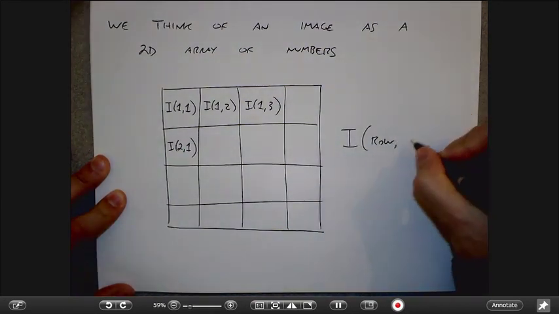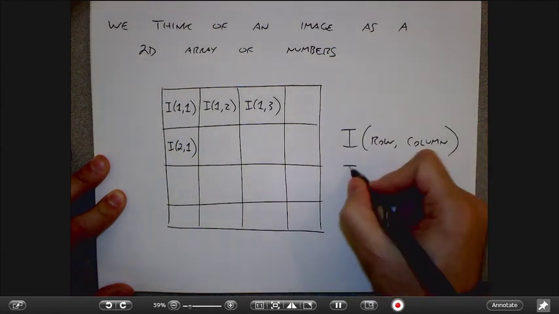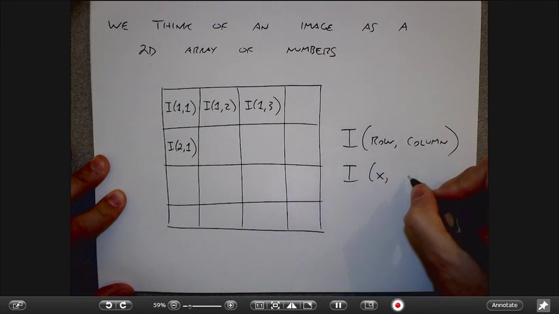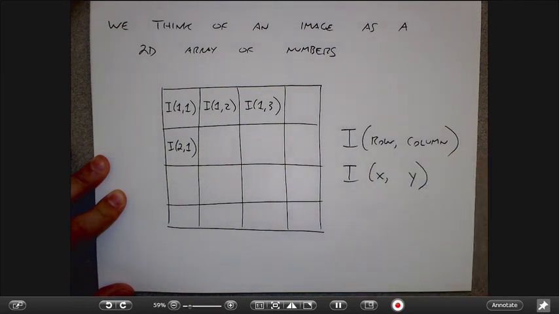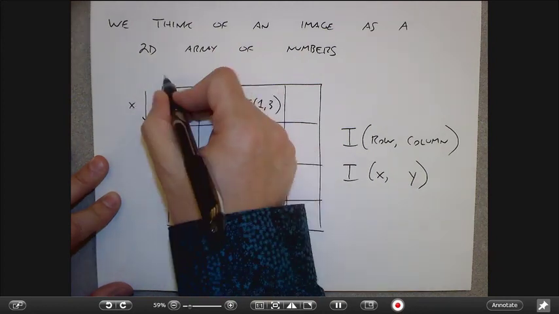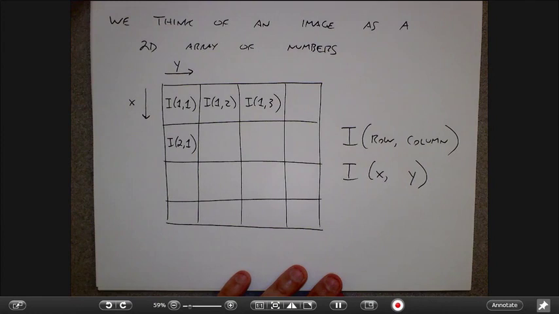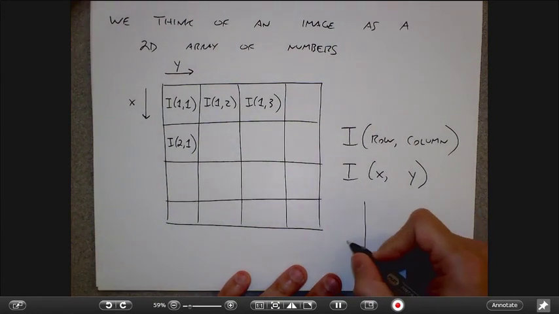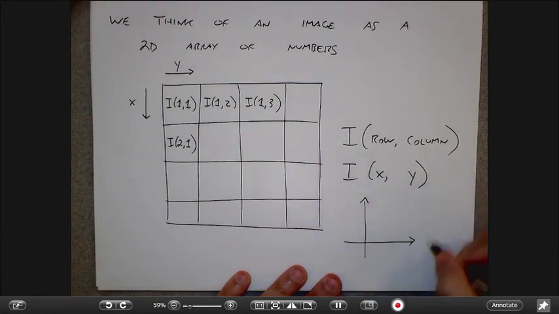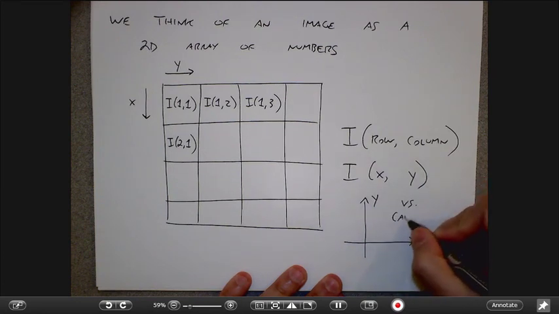And so this is basically the standard way of talking about the entries of a matrix. And so usually x is going to refer to the row, and y is going to refer to the column. The problem with this, unfortunately, is that that means that this is the direction of increasing x, this is the direction of increasing y, and we can run into problems when we start to talk about things that are more like Cartesian coordinates.